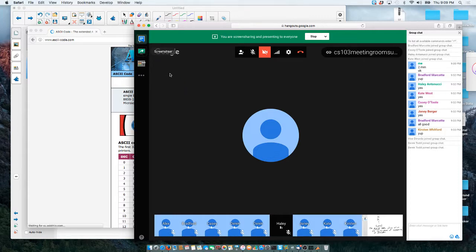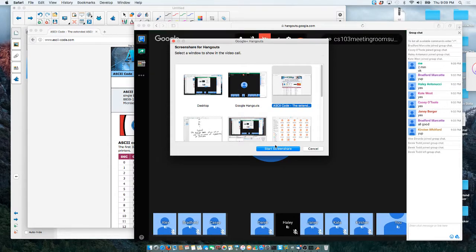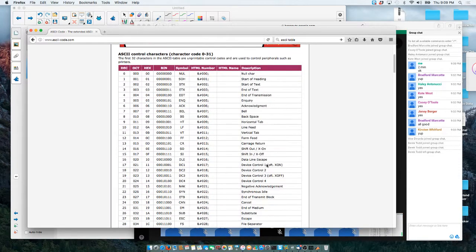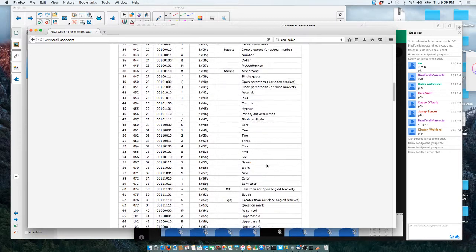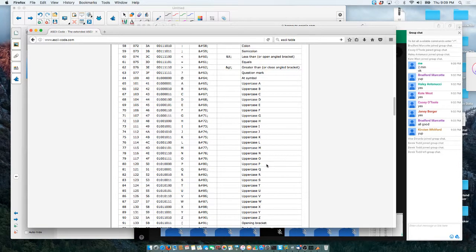Oh no, don't beach ball me. You guys see this web page that came up? So hopefully you can see that I put up a web page, and the columns you want to look at are this column with all of the zeros and ones in it, and the column next to it that has a symbol. Can you guys see this?